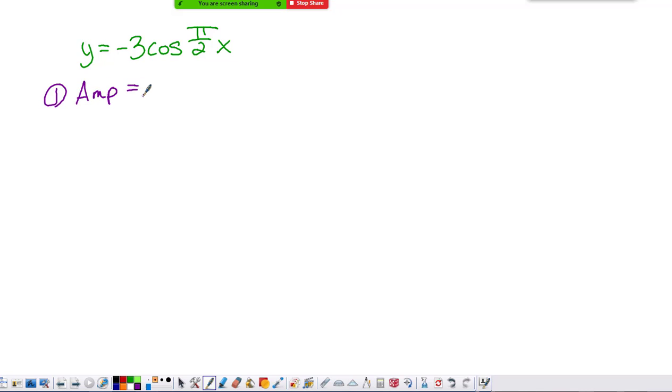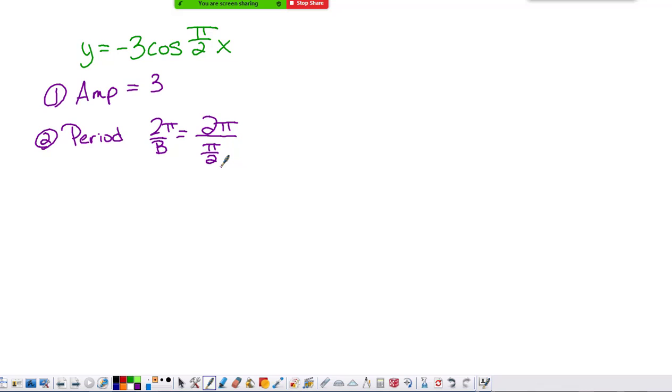What's our amplitude going to equal? 3. Good job. The second one is our period. That's 2 pi over b. What's our b? Pi over 2. It's that whole thing in front of the x.